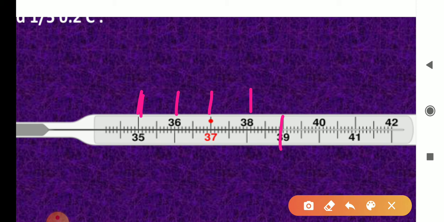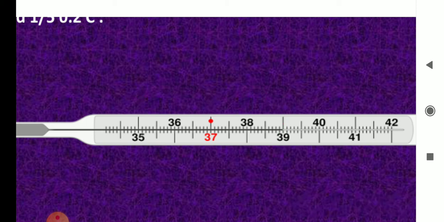Now the division between 38 and 39, there are 10 divisions. Now 38.1, 2, 3, 4, 38.5. Then 6, 7, 8, 9, 10. It means one division is equal to 0.1 °C. Is it okay? Then suppose the level of the mercury is not at 39.